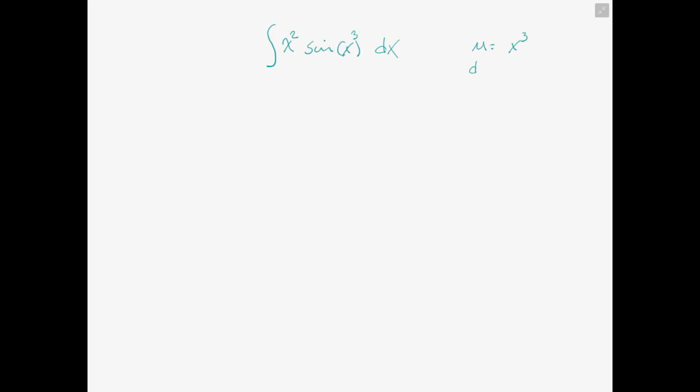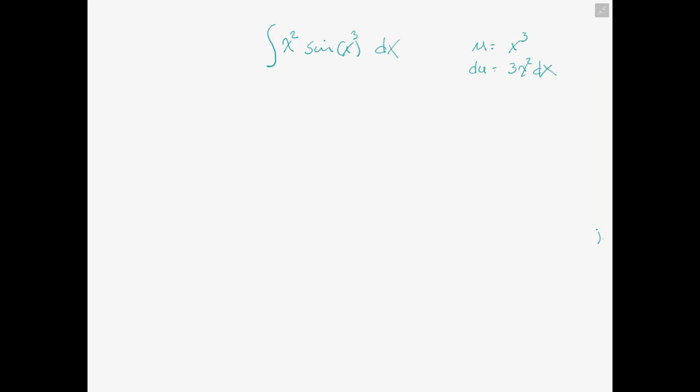Again, we're going to use a U-substitution for the argument of the sine. So U equals x cubed, and du equals 3x squared dx.